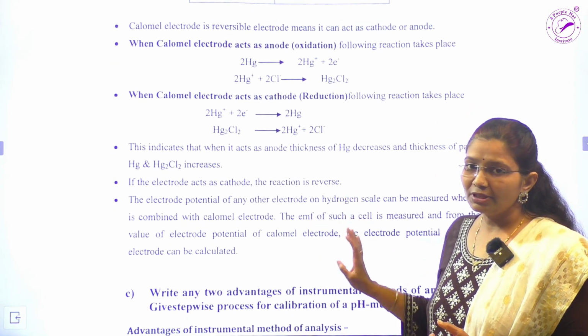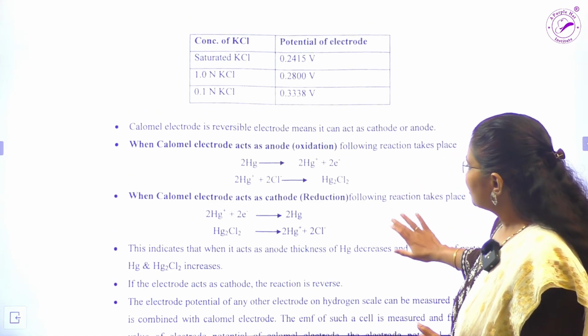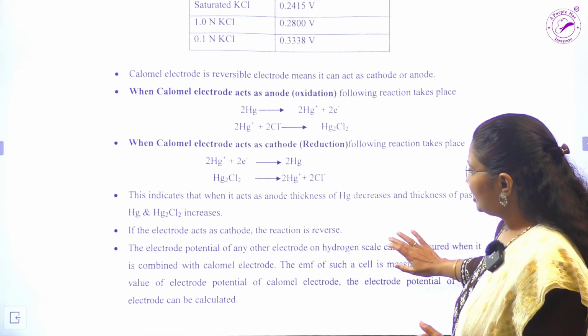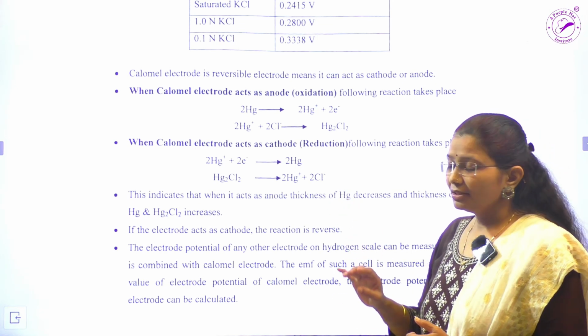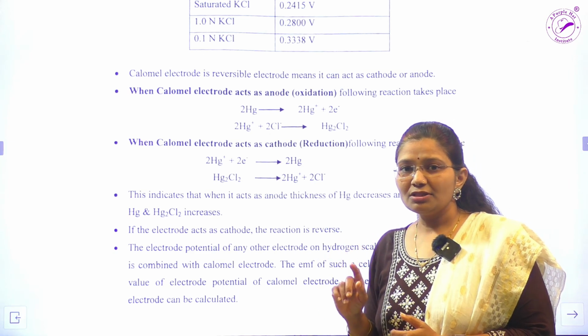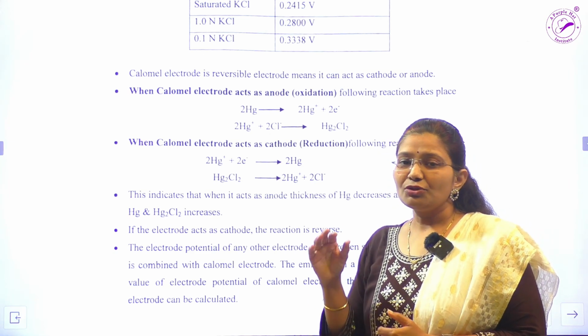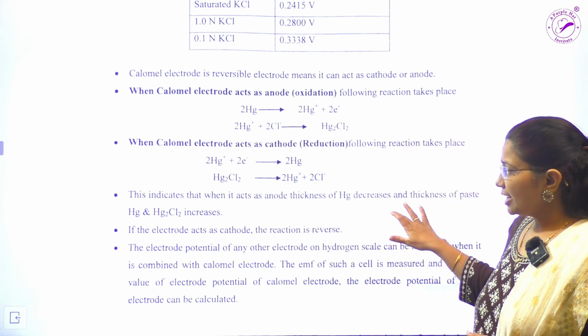So that you have to write here. This is how the calomel electrode works. It is a reversible electrode. When it acts as an anode, the mercury decreases and the thickness of the mercurous chloride paste increases. So that you have to write here.